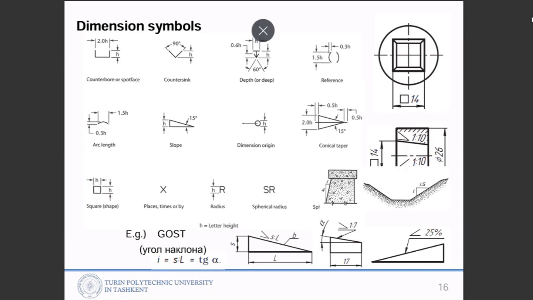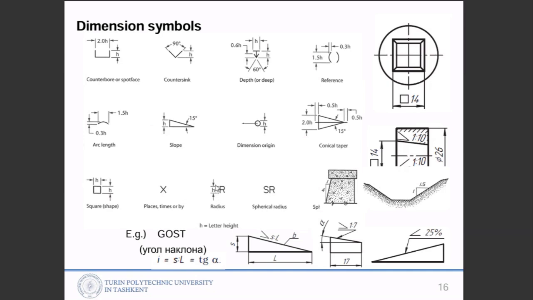For example, here, square, and one side is shown with dimension 14, and before 14 there is a square shape. So the other side is also 14, because this shape is square. So the place is times, just like this X character.